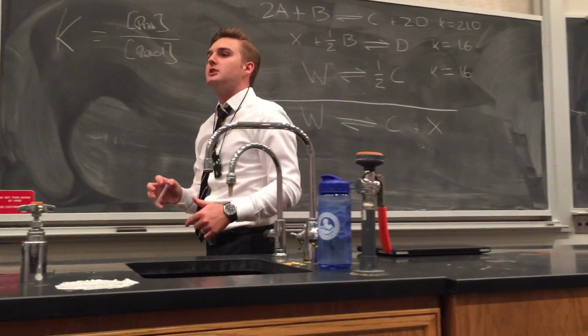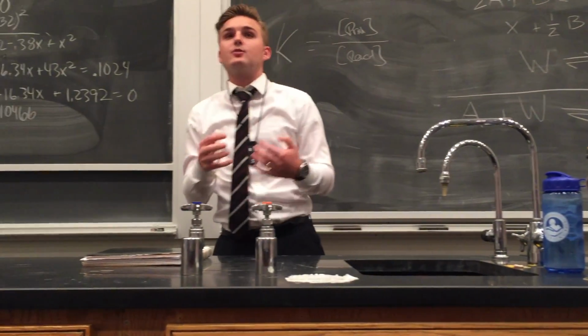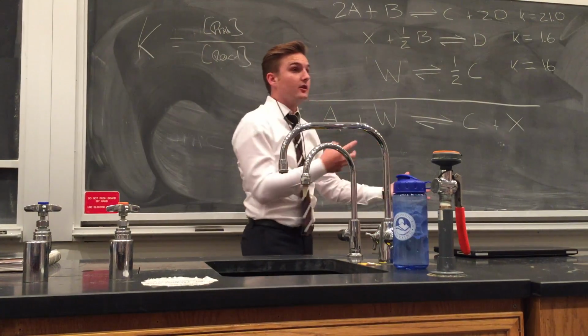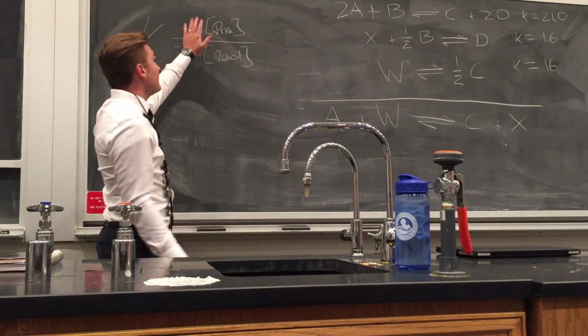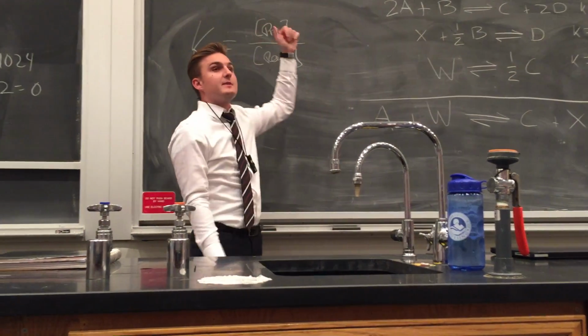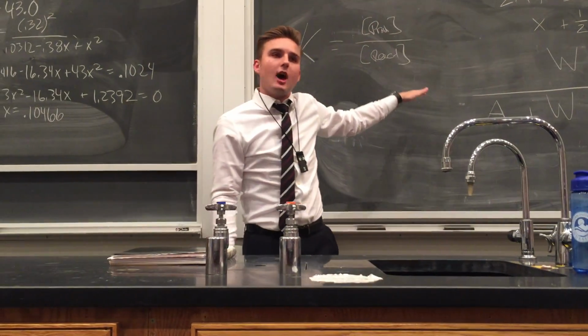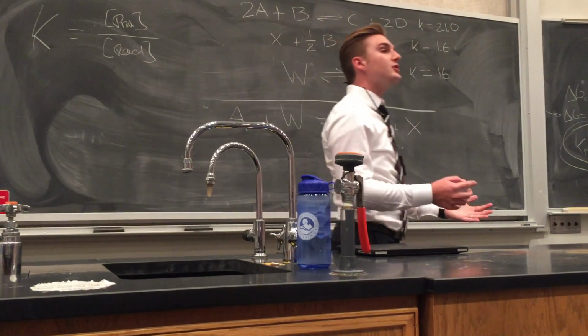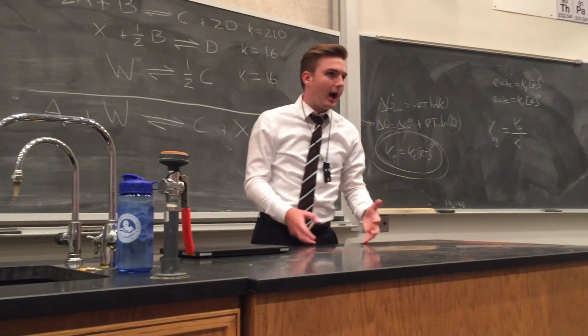That process runs almost to completion. It gives me a high percent yield, meaning I form a lot of products, because if the K value is really big, then the numerator must be a lot larger than my denominator. But if my K is really small, I know that I don't produce that much product.